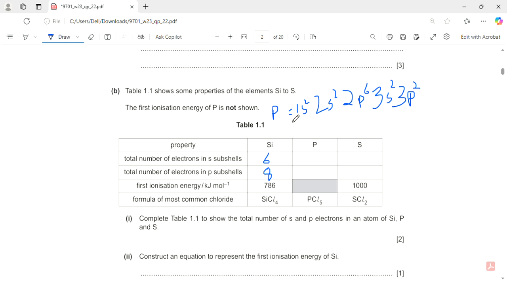So we have 1s2, 2s2, which is 4, 4 plus 6 is 10, 10 plus 2 is 12, and we know 15, so it is 3p3. So how many electrons in the s subshells? 2 plus 2 is 4, plus 2, we have 6. And the p subshells: we have 6 and 3, which is 9.